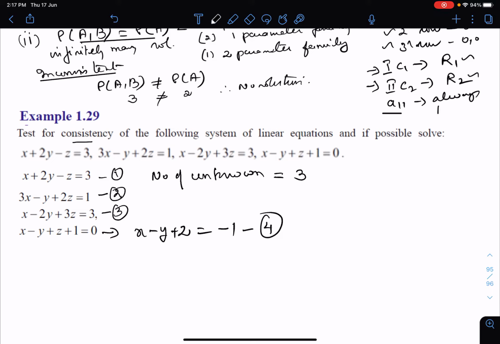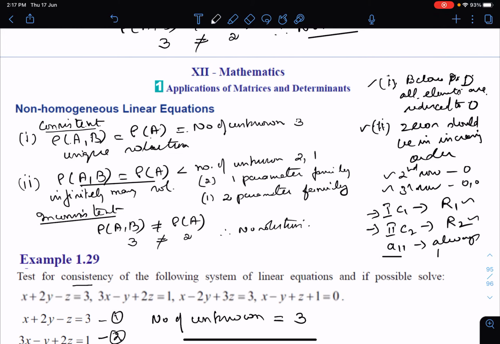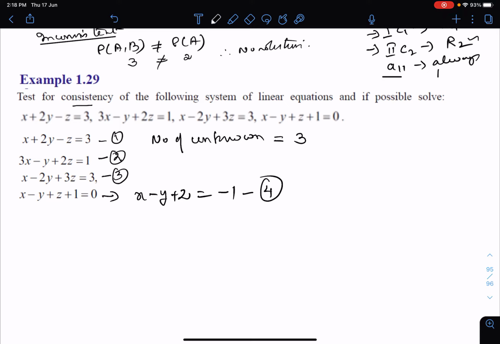Now we are going to write this into an augmented matrix and reduce it to row echelon form. I have given you the hints already in the previous exercise also, and here also I have placed the row echelon form steps, so it is easy for you to follow. Before that we will write Ax equal to B. First equation 1 2 minus 1, second equation 3 minus 1 2, third equation 1 minus 2 and 3, and fourth equation 1 minus 1 1.